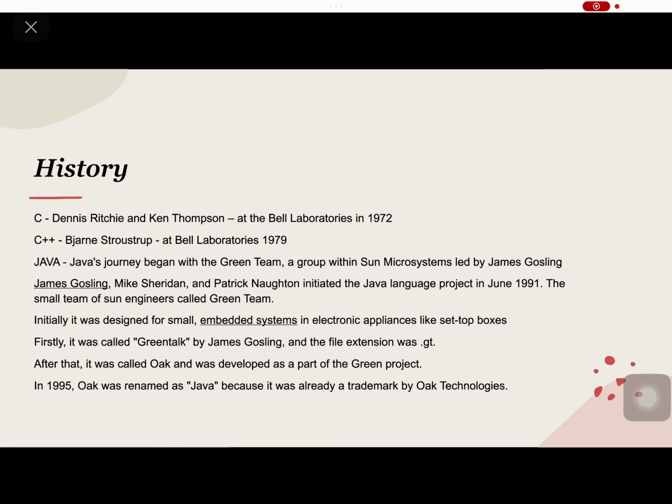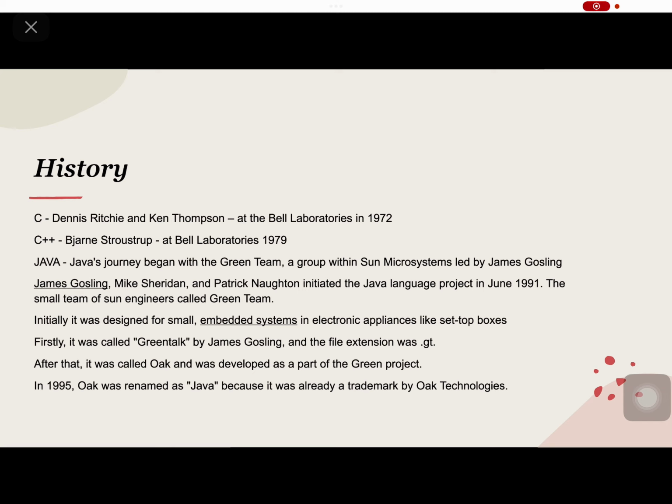Then in the year 1991, James Gosling and his team, Mike Sheridan and Patrick Naughton, initiated the Java language project in June 1991. That particular team was known as the Sun Engineers, and they also called themselves the Green Team.